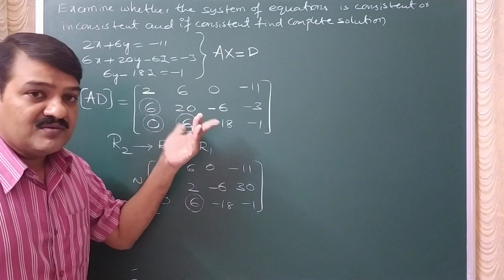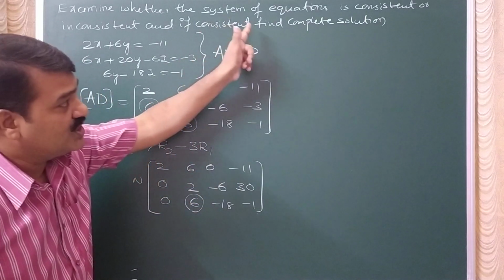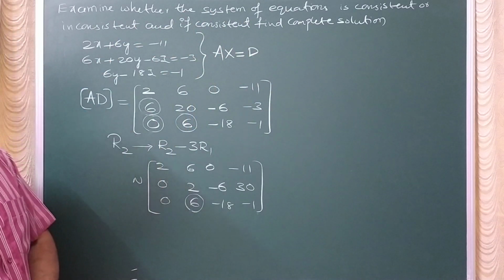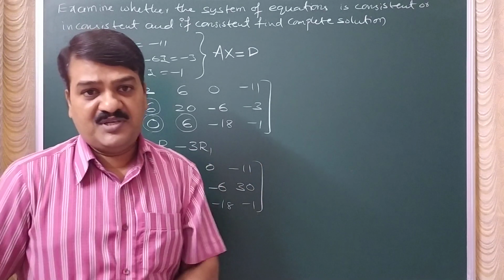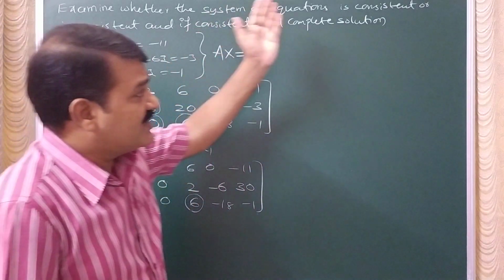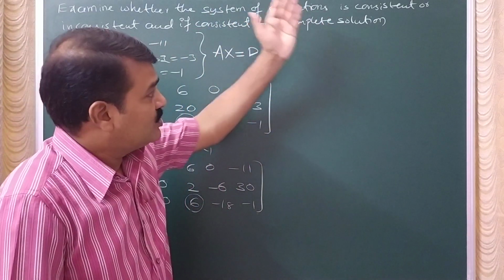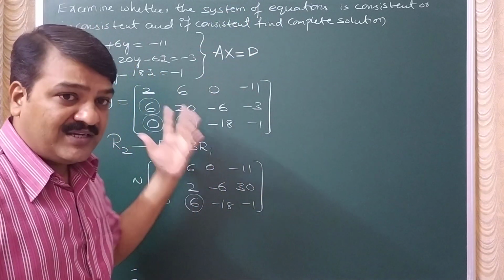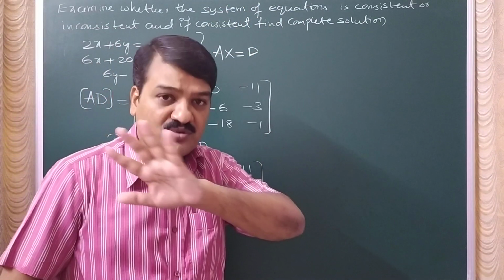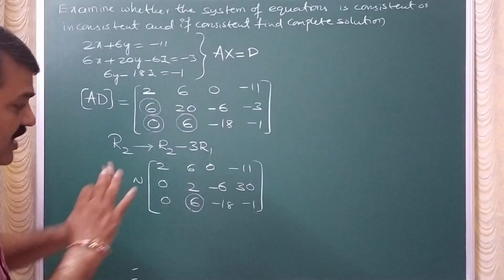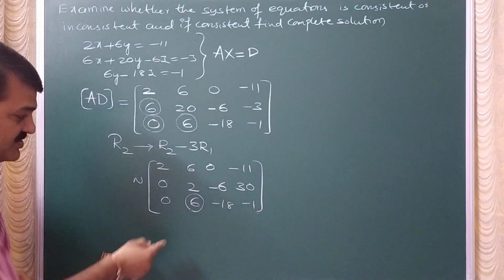Why? Because we have to find the solution also. To find the rank, we can use row transformations or column transformations. But since we need the solution also, to get the solution of the set of equations, we have to use elementary row transformations only. So I am not using column transformations.